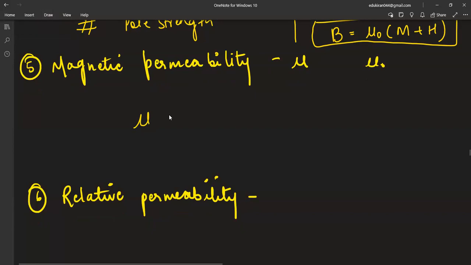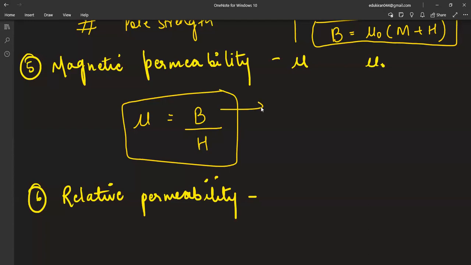When we talk about magnetic permeability, I have told you how different materials provide magnetism in different media. So this is magnetic induction divided by magnetic intensity. Magnetic induction by magnetic intensity. This is the formula.